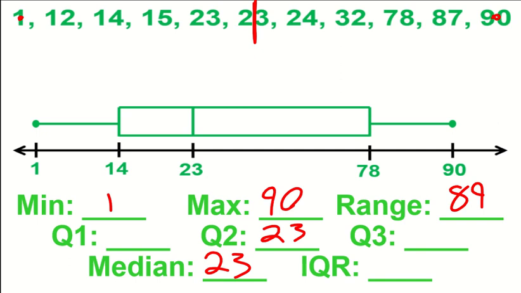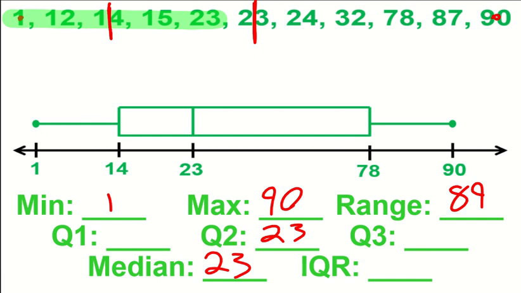Now to find the first quartile, it's the median of the lower half of our data, okay? So the lower half of our data are those numbers right there. We don't count the median. If the median was between 2 numbers, we would count the number that's on that side of the line. So I've got 5 listed.